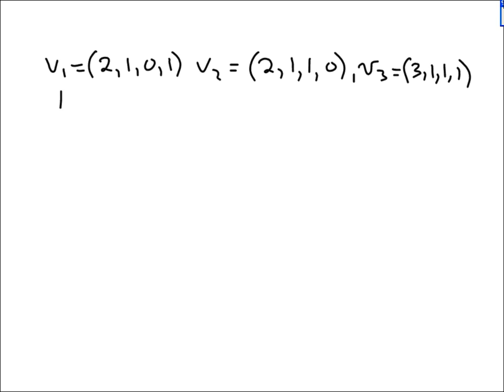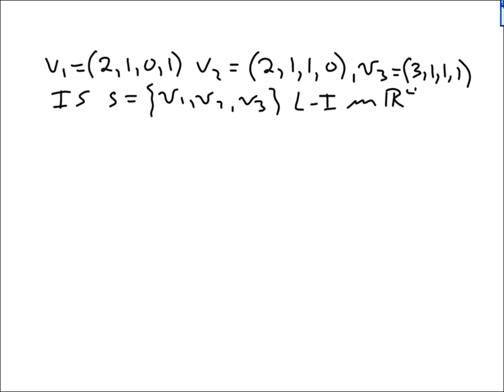The question is, like always, is S equal to the set V1, V2, V3 linearly independent in R4? Sorry, R3. No, it is R4, because each vector has 4 values. When I just counted, I only saw 3 in R4.